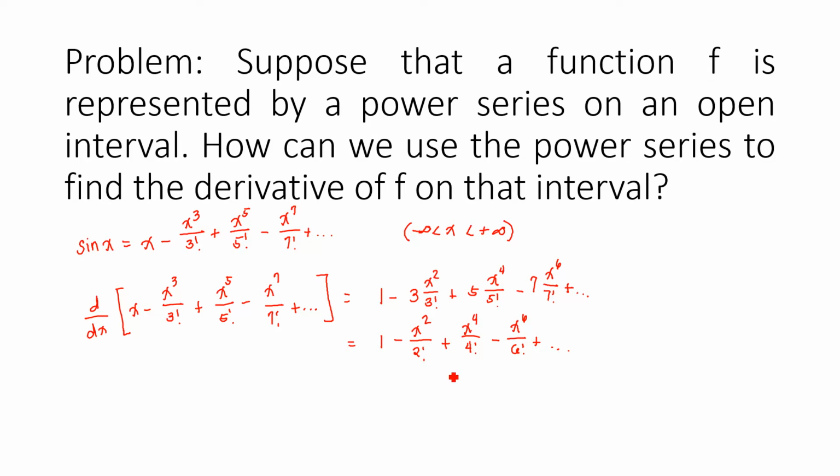And this is actually the Maclaurin series of cosine x. So that is how we can find the derivative of sine x: the derivative of sine x is equal to cosine x.